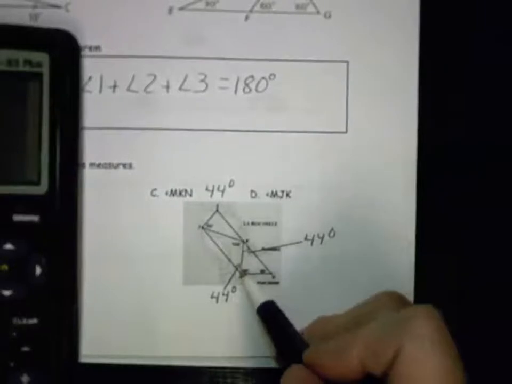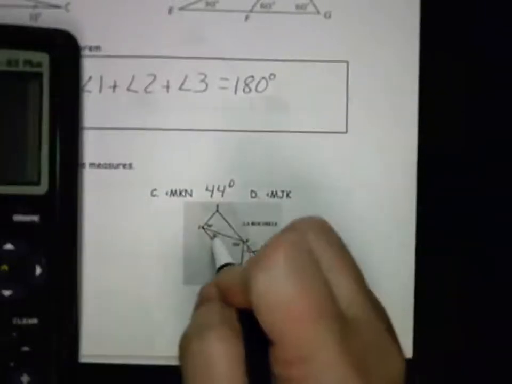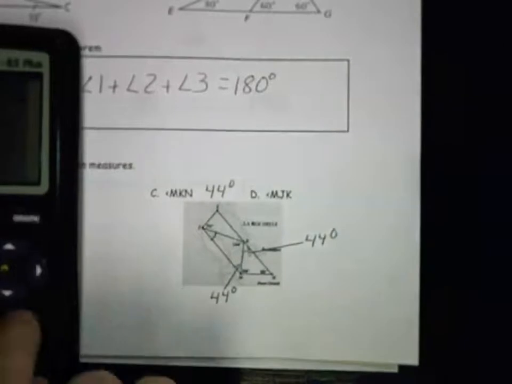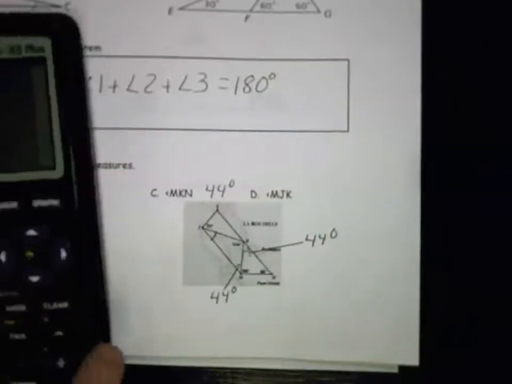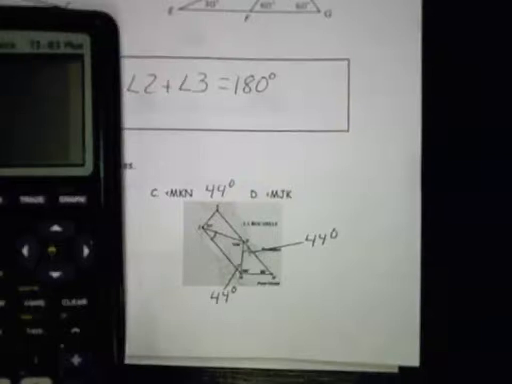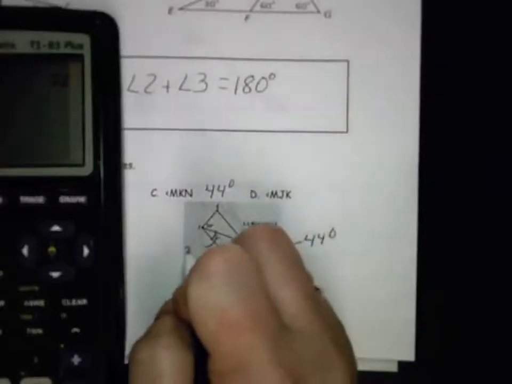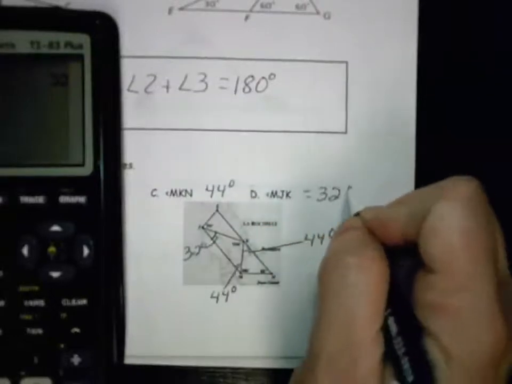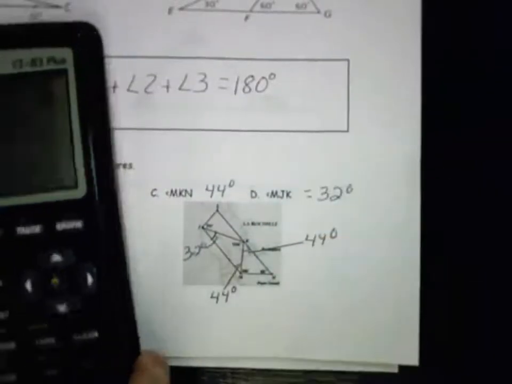And we are trying to find angle MJK, which is right there. And we can do 180 minus 104 minus 44, and that angle right there is 32 degrees.